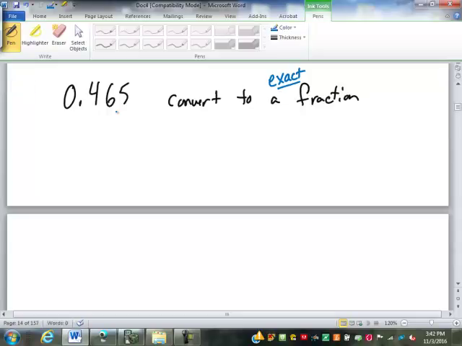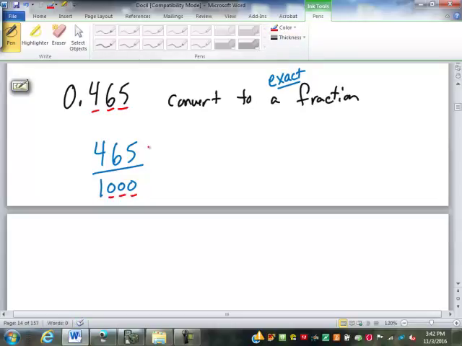Remember, these decimals are actually what we call decimal fractions. That would be pronounced 465 thousandths. As a fraction, it literally is 465 thousandths. Remember, 1, 2, 3 decimal places, there's 1, 2, 3 zeros in our denominator.